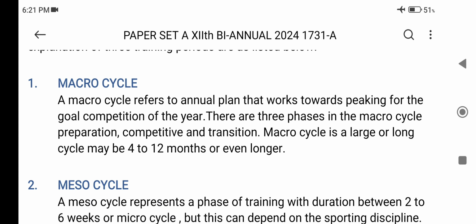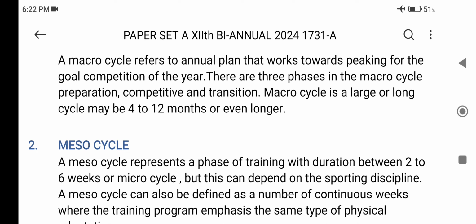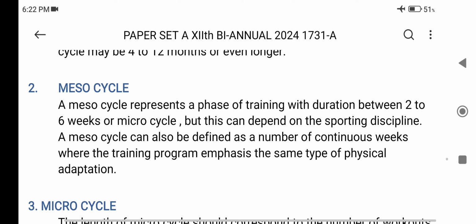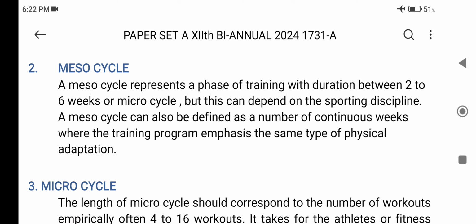Number 1, macrocycle. A macrocycle refers to an annual plan that works towards peaking for the goal competition of the year. There are 3 phases in the macrocycle: preparation, competitive, and transition. A macrocycle is a large or long cycle, maybe 4 to 12 months or even longer. Number 2, mesocycle.